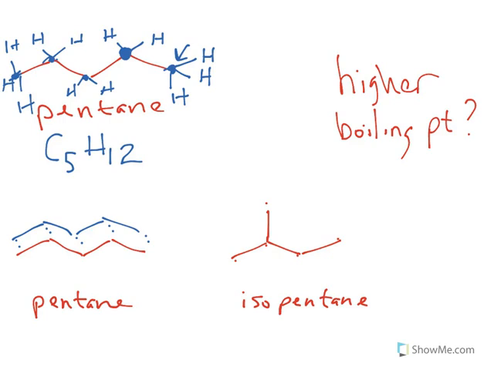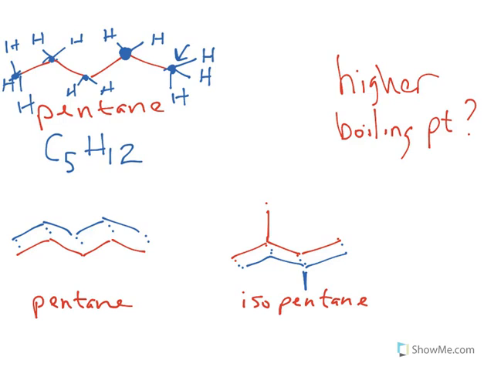Now let's try isopentane. So I can get 4 there, right? But remember, I've got to deal with this group here. So what am I doing here? I got 1, 2, 3, 4 that I was able to overlap, and that's not as good as getting 5 to overlap. So is that going to make a difference in what we call their London dispersion force, where they're attracted to each other?